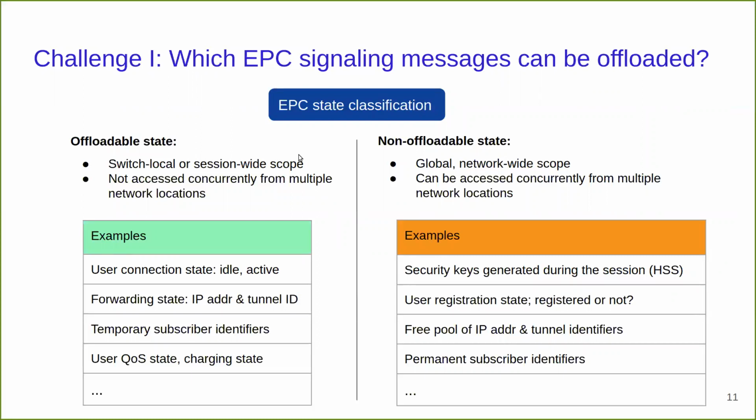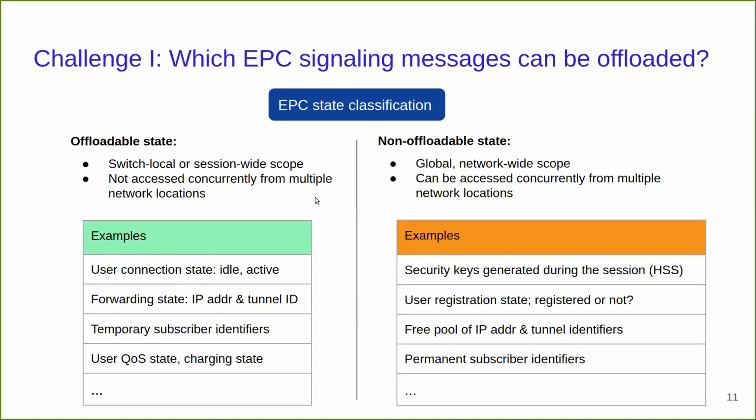That is, the state is temporary and the state is not accessed concurrently from multiple network locations. For example, the user connection state is updated by the user during S1 release and service request processing. This state is valid for a session and the user can be present at a single location at any point of time.